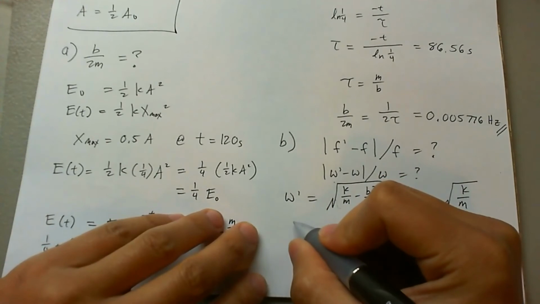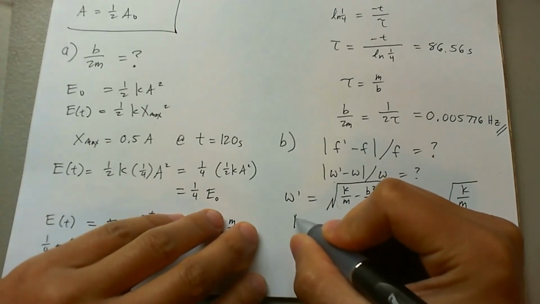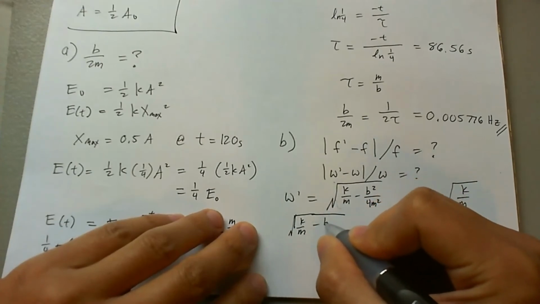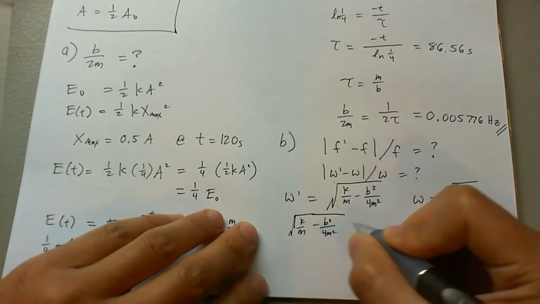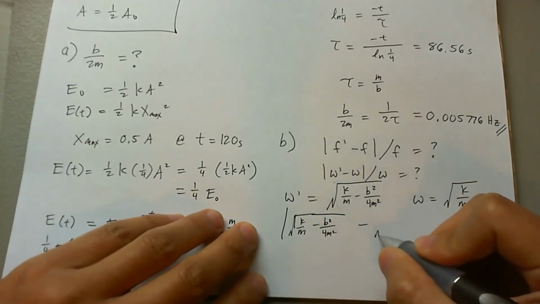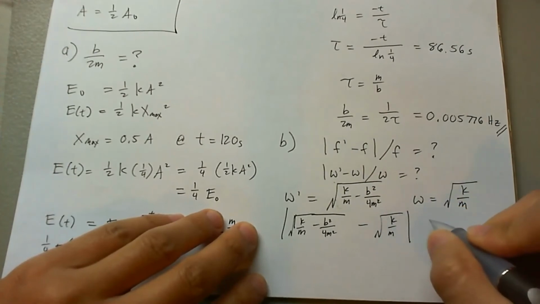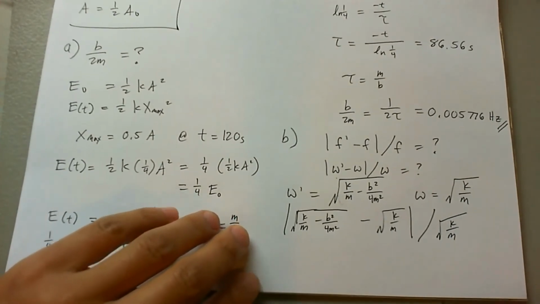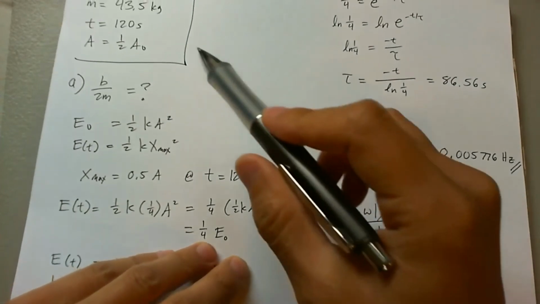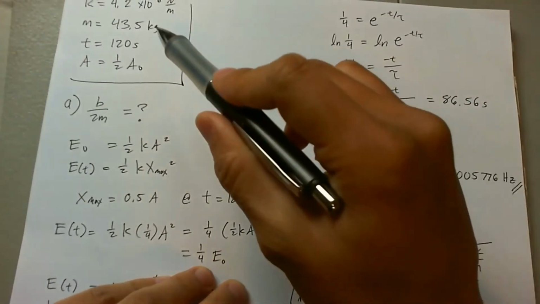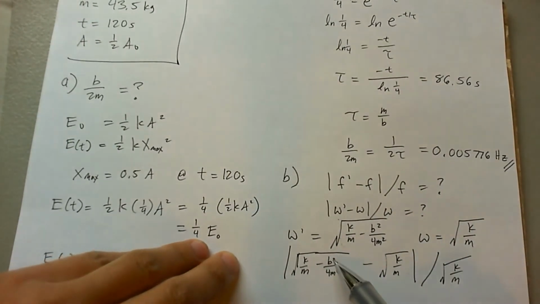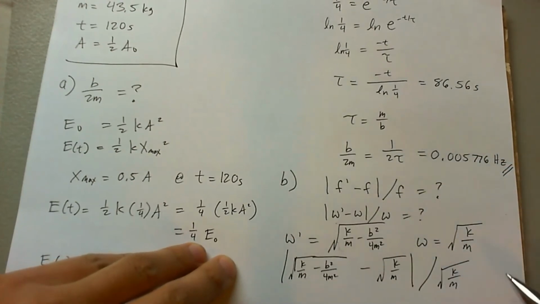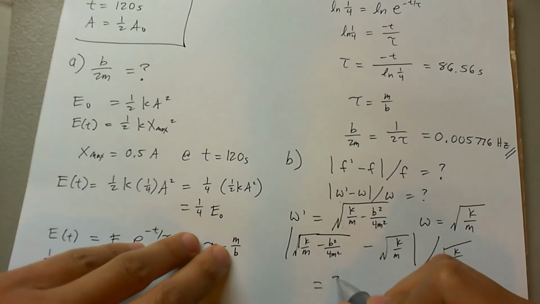So the function we want to find is the square root of k over m minus b squared over 4m squared, minus the square root of k over m, all divided by the square root of k over m. Doing the math, plugging in the k and the m that you have up here, and plugging in the ratio b over 2m that you got right here and squaring it, you're going to get an answer that might shock you.